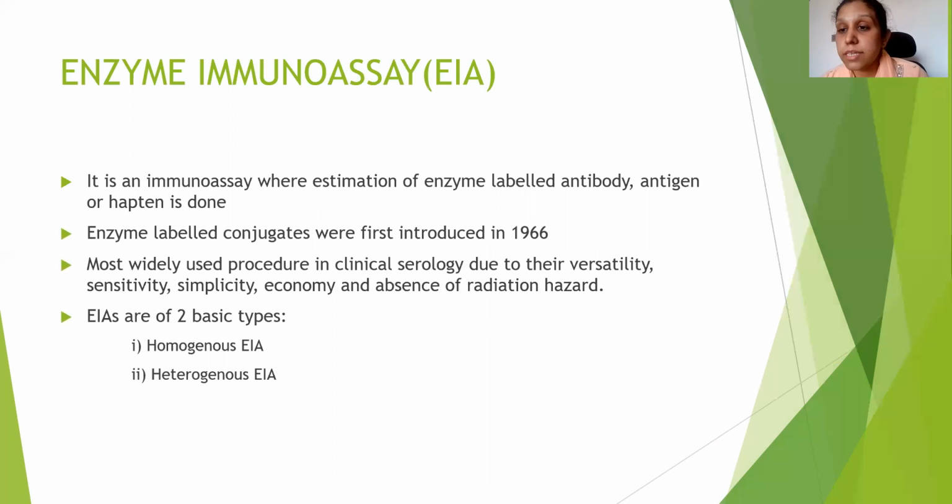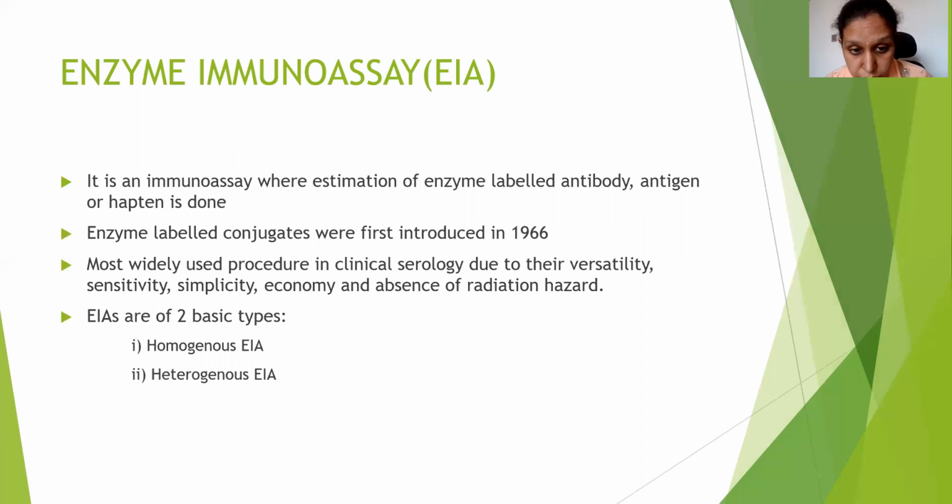So what are we using in our labs? We are using enzyme immunoassay. It is an immunoassay where estimation of enzyme level, antibody, antigen or hapten is done, and enzyme labeled conjugates were first introduced in 1966.